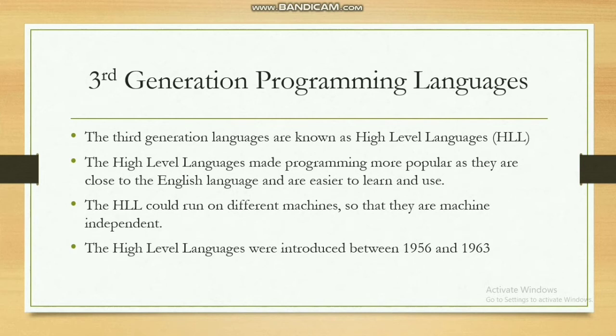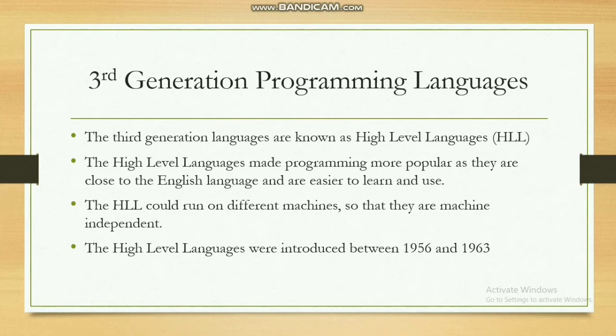The high-level languages could run on different machines, so they were machine independent. That means, in the former case, if IBM made a computer, the programming languages used in the IBM computer could work only in the IBM computer, and if somebody else made a computer, it didn't work in that computer.